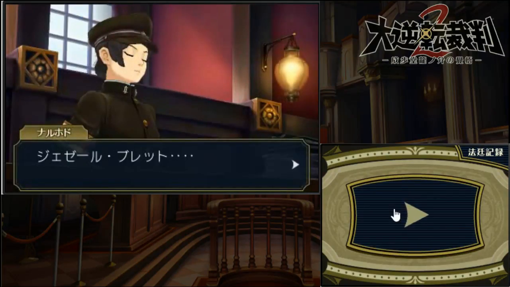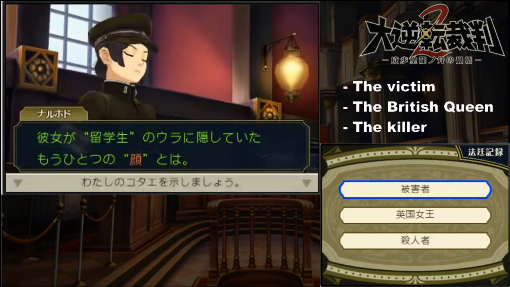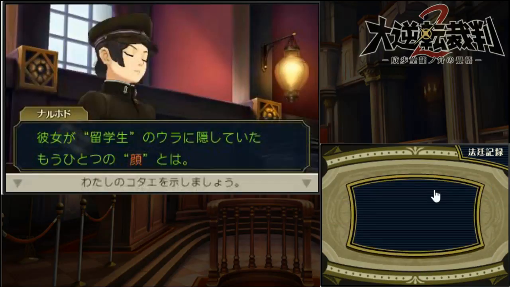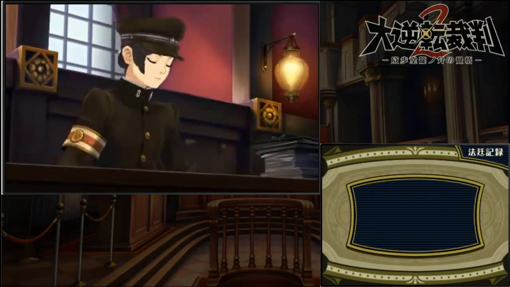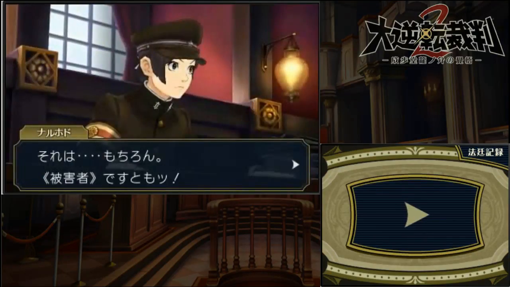Giselle Bullitt. She held the facade of being an exchange student, but in reality she was the victim, the British Queen, the killer. The British Queen. Well, the killer is the answer, but let's go with the victim. Of course, that would be the victim, Your Honor, sir.